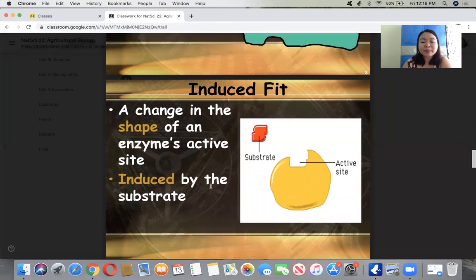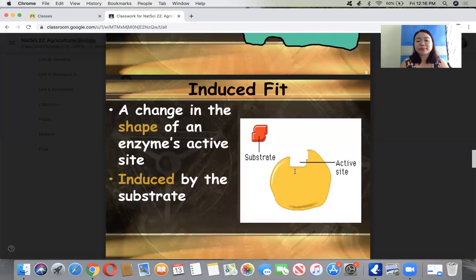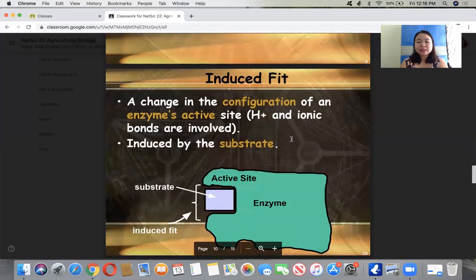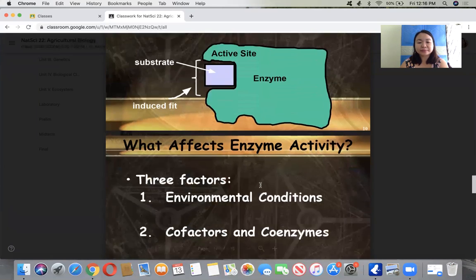It is induced by the substrate. Hydrogen bonds and ionic bonds are involved in this process. So the substrate itself will induce the fitness of the enzyme's active site.